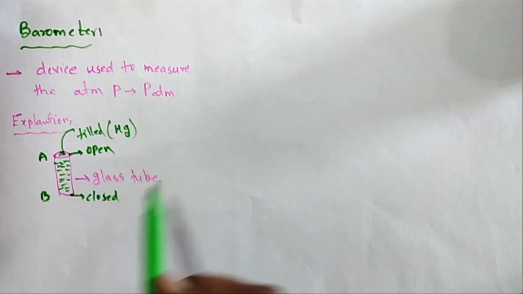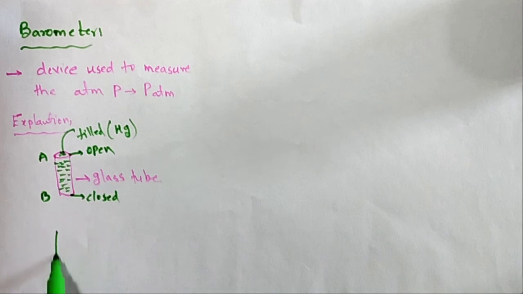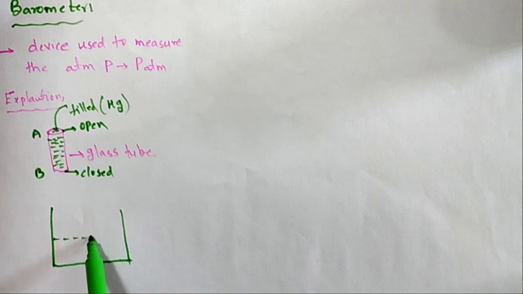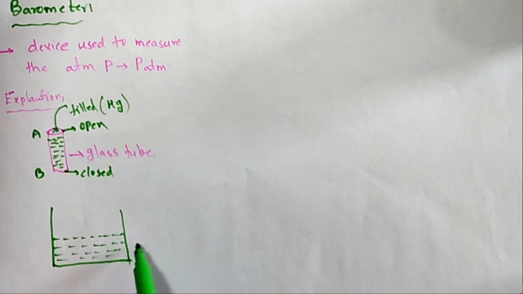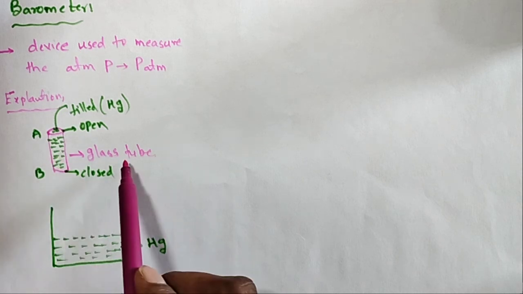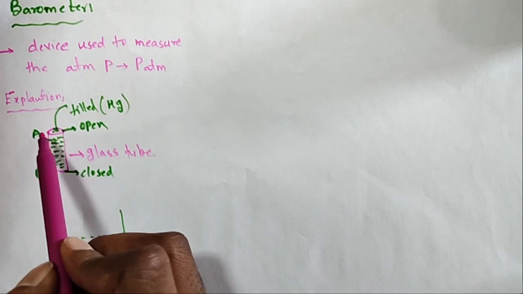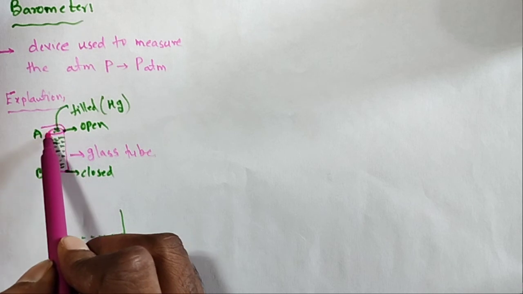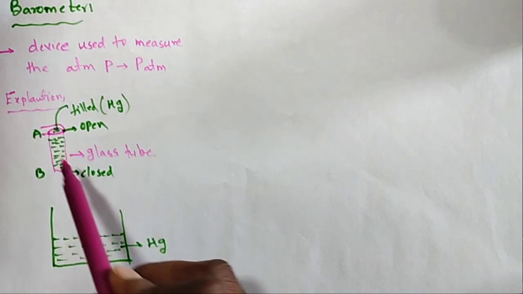Here I am taking one beaker. The beaker is initially filled with Hg, mercury. Now what happens? This glass tube is in my hand, and my finger is placed on the upper end.